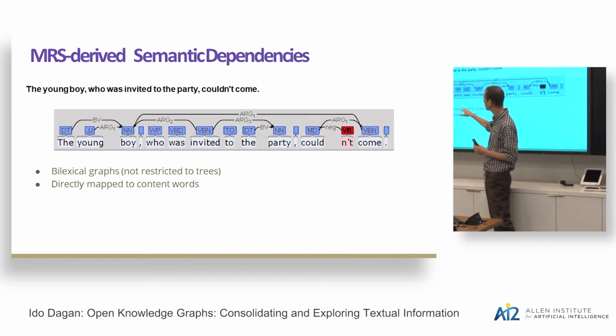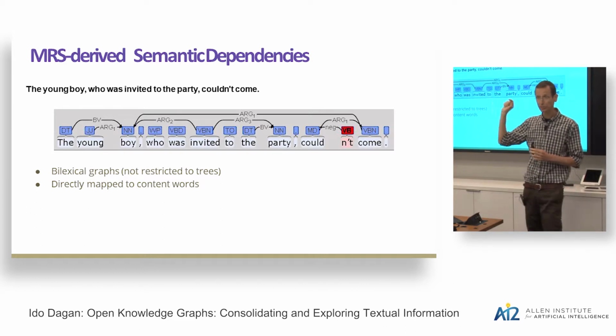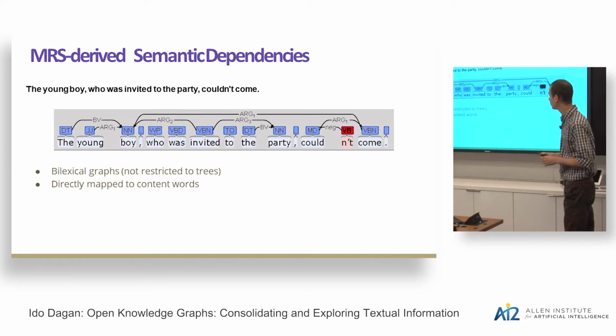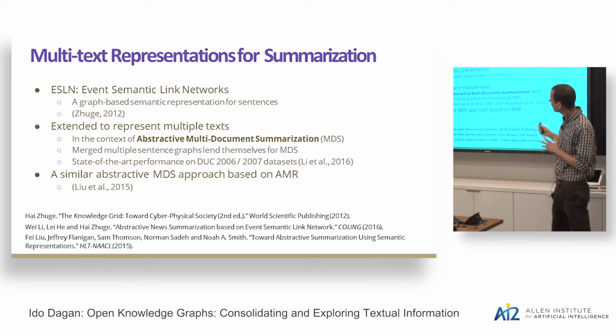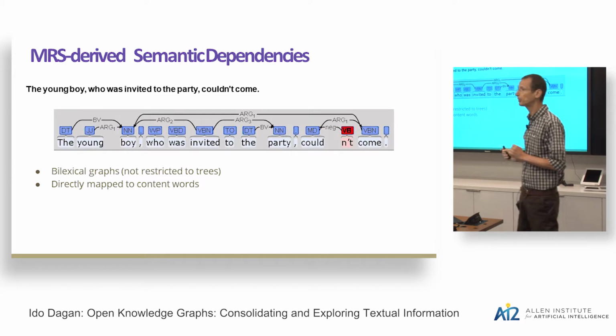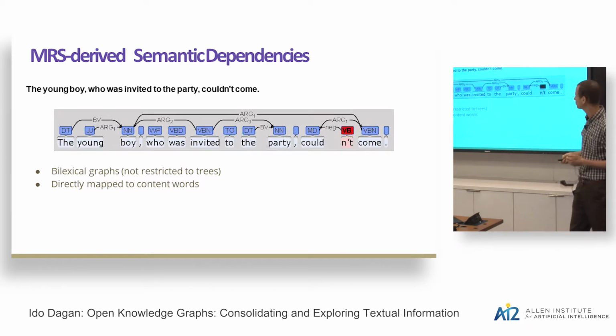But this is a bilexical graph, so the elements here are actually lexical items. It ties more closely to the lexical elements in the sentence, most importantly to the content words of the sentence. Sorry, what does MRS stand for? Minimal recursion semantics. Emily Bender and Copestake's formalism.